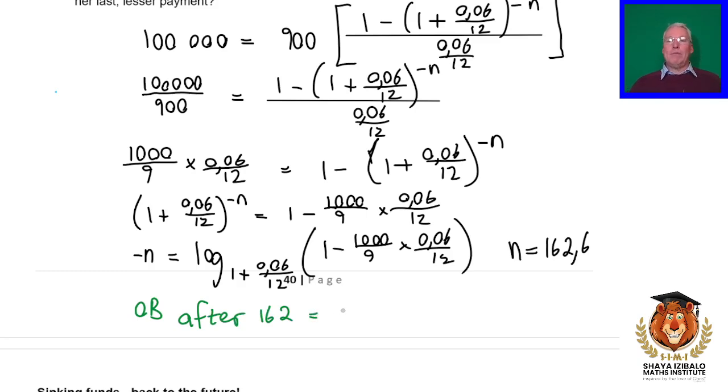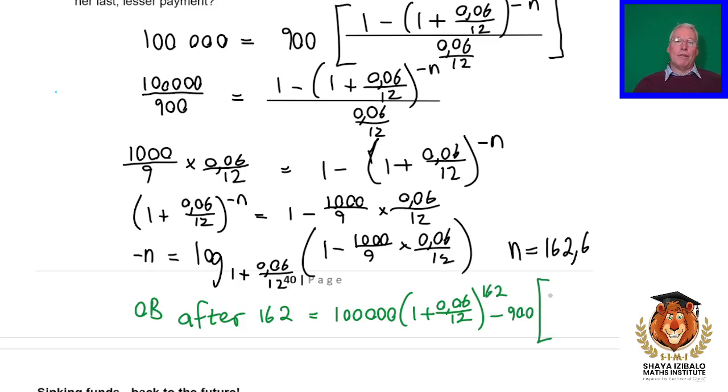And that's just going to be the value of the loan at that point minus the future value of the payments that she's made. So that's going to be 1 plus 0.06 over 12 to the 162 minus 1 over 0.06 over 12.